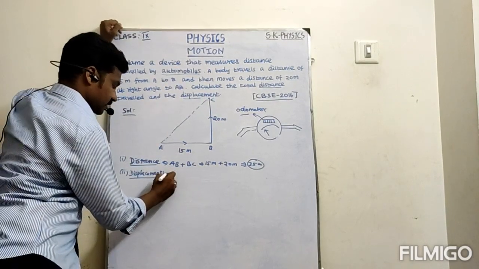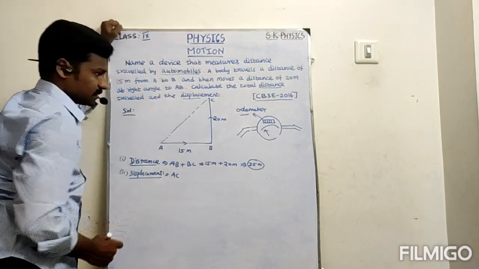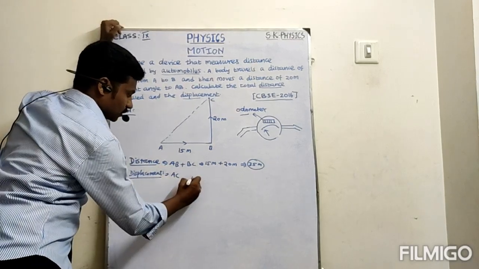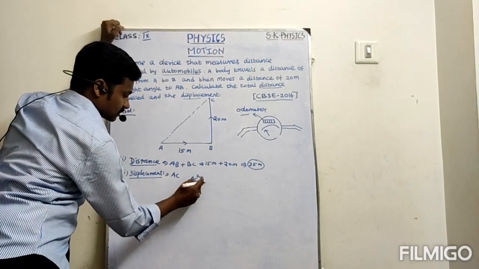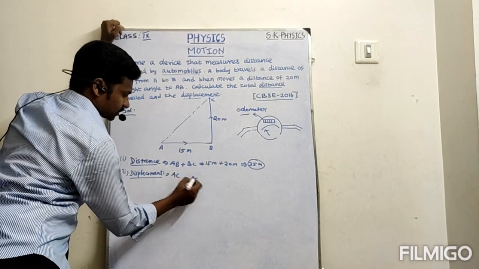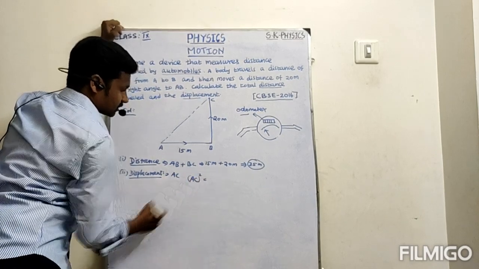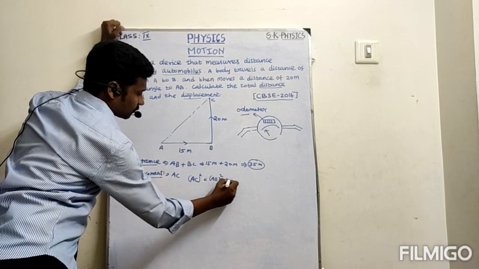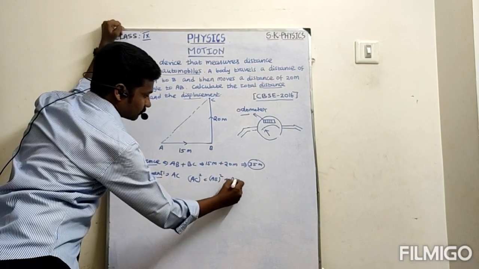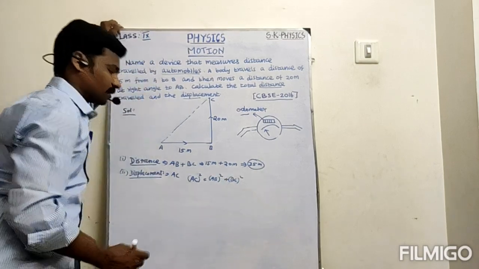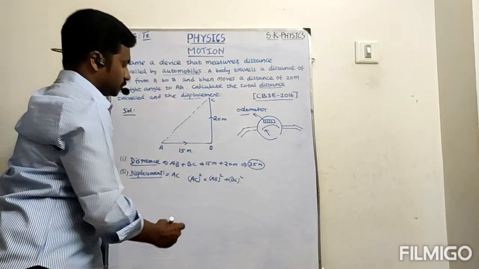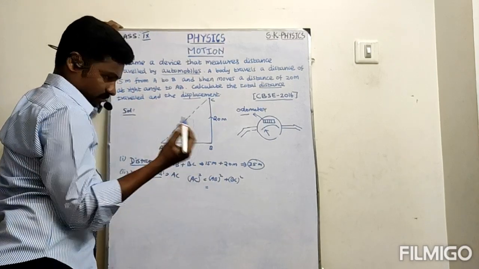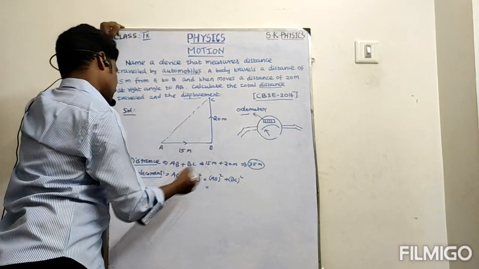AC only here is the displacement. How can we find it? By using the Pythagoras theorem. AC square is equal to AB square plus BC square. AC is the net displacement.